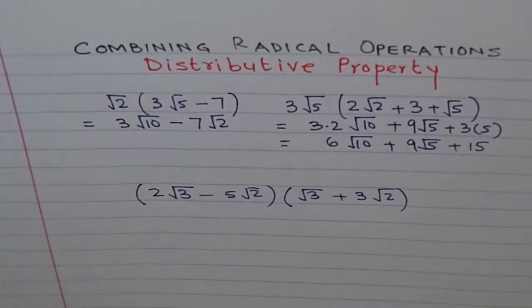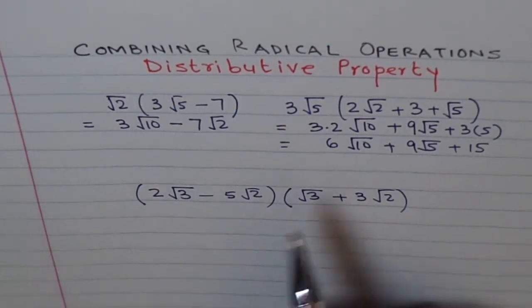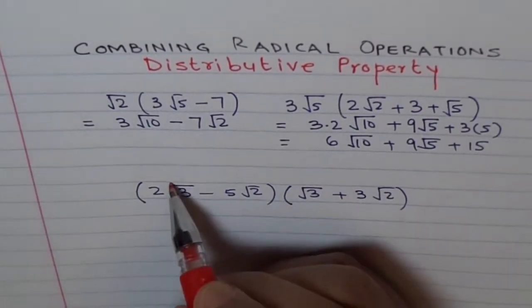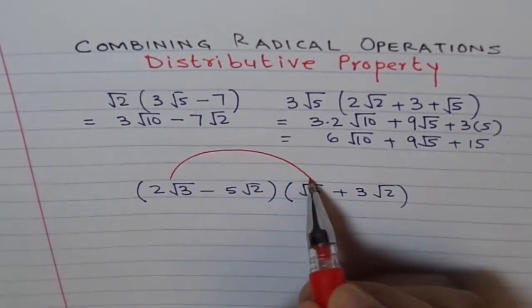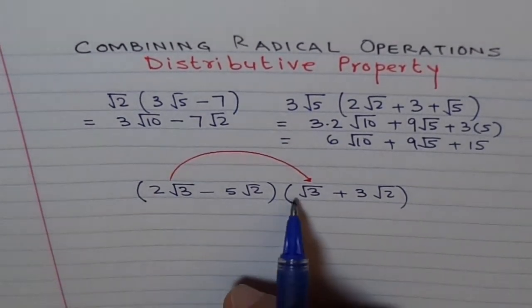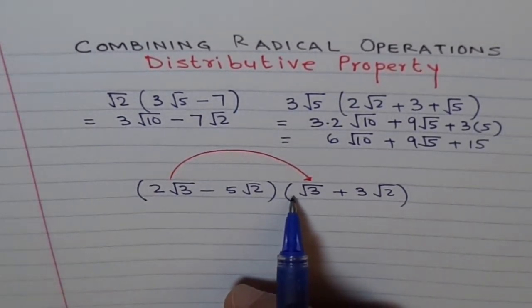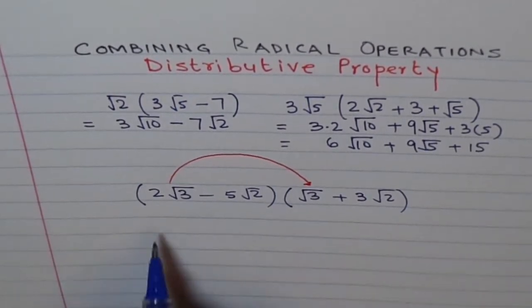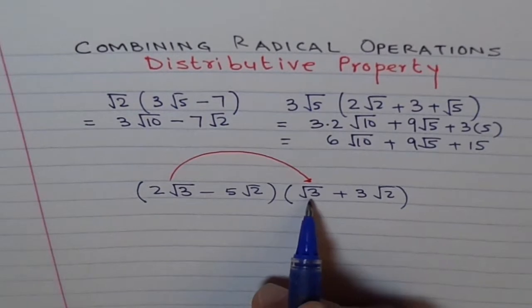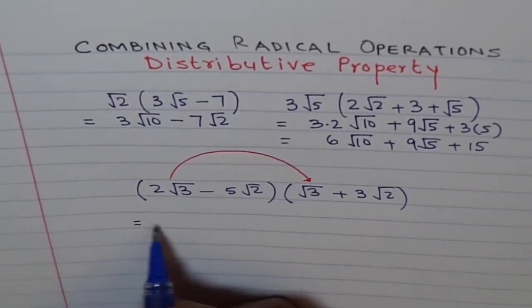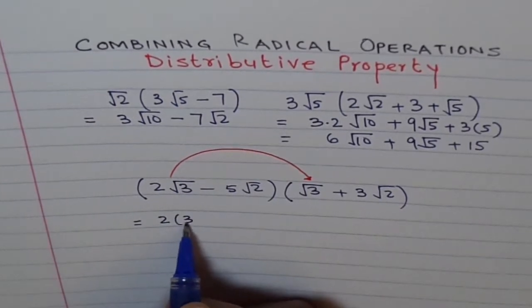Here, as in the distributive property, the first term gets multiplied with both the terms first, right? When we multiply this with this, we get 2 times 1, the number outside the radical sign, so 2 times 1 is just 2, and square root 3 times square root 3 is number 3. So we get 2 times 3.